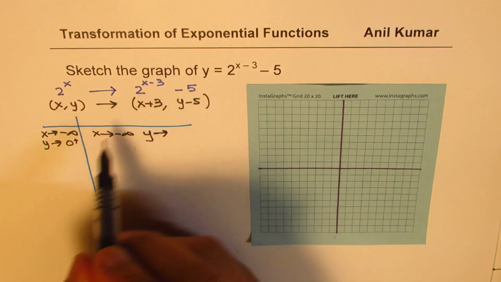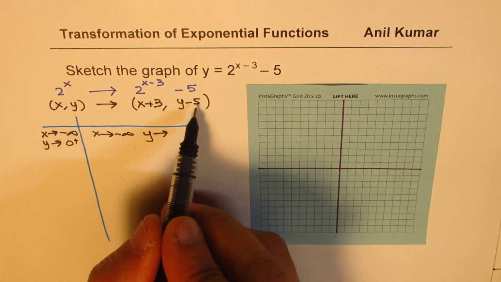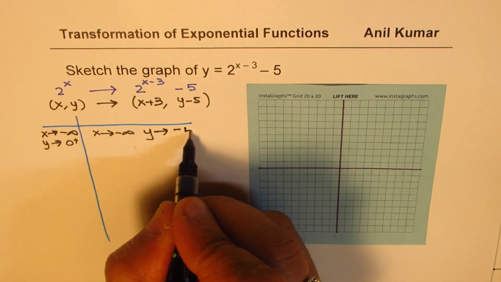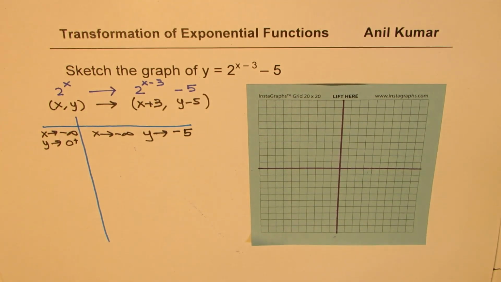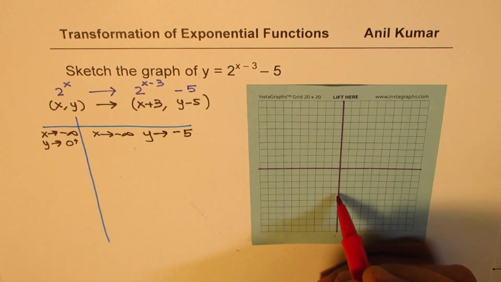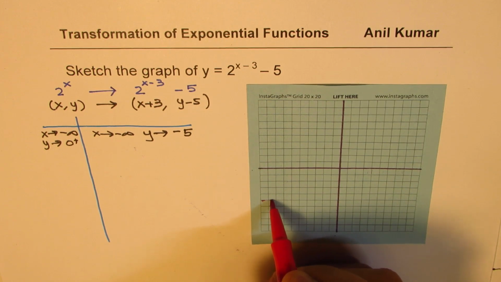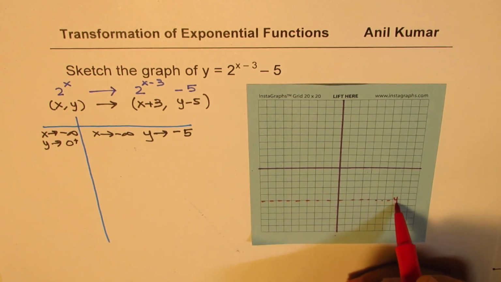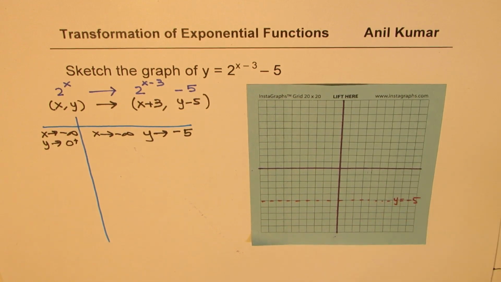Y will be approaching, instead of 0, minus 5 from positive side. So it will approach minus 5. So the horizontal asymptote for us will be at y equals to minus 5. So 1, 2, 3, 4, 5. So that is where we are expecting the horizontal asymptote, right? So we'll write y equals to minus 5 for horizontal asymptote.